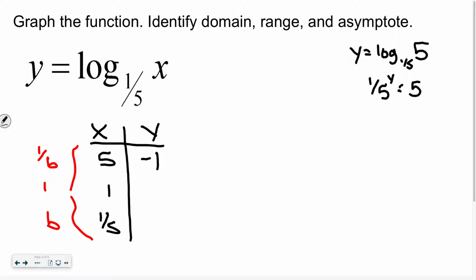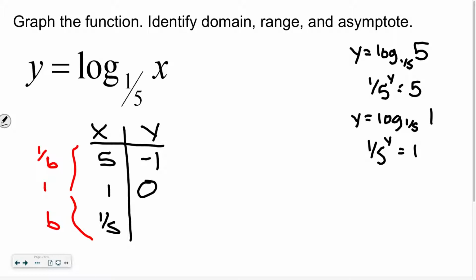We would need to flip the base, right? To make it back into a regular number, not a fraction. And then we'll do 1. Y equals log base 1/5 of 1. So we're thinking 1/5 to what exponent equals 1? And Mason says 0, because anything raised to 0 is equal to 1.